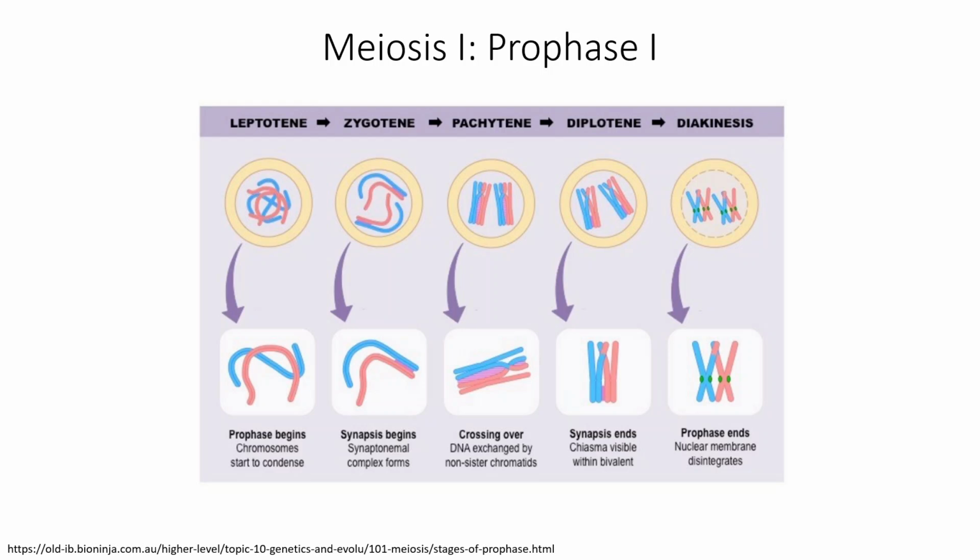In zygotene is when the synaptonemal complex starts getting loaded onto the homologous chromosomes. That helps with beginning the process of synapsis. So what is synapsis? It's essentially the aligning of regions of homologous chromosomes with one another.